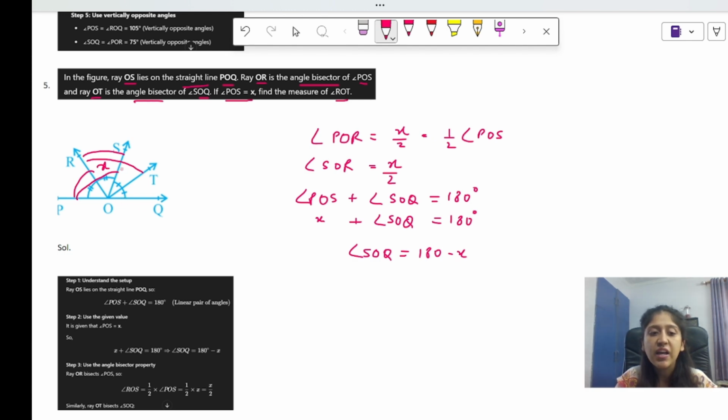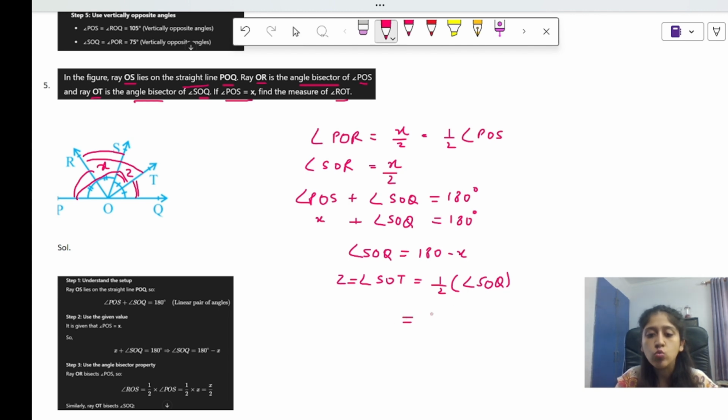Now I can also see SOQ को TO divides, angle bisector है वो. That means my this angle and this angle are equal. Can I write angle as Z? Yes. So Z क्या होगा? Angle Z. Z मैंने किसको denote किया है as SOT. This is what? This is half of angle SOQ. Yes.